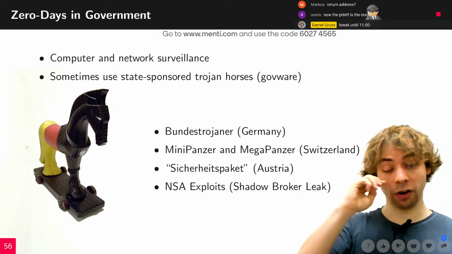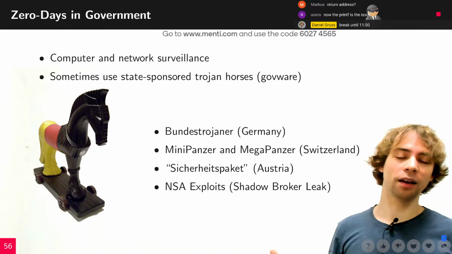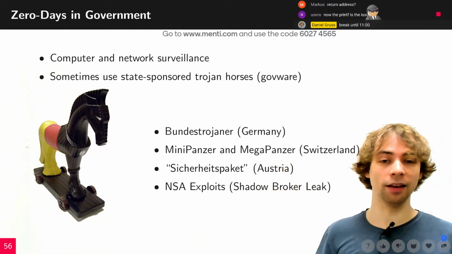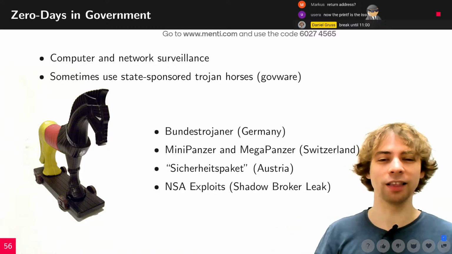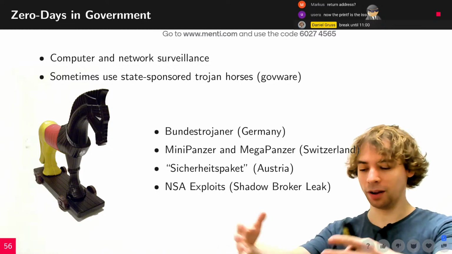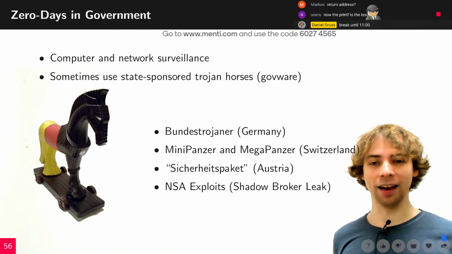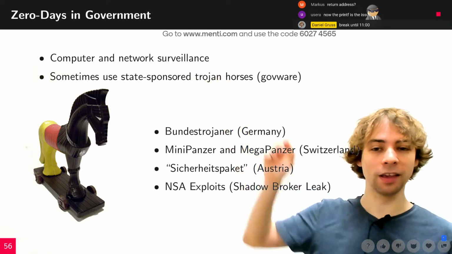Then Germany, for instance, much fewer resources, so there it's less clear how they approach that. But for Austria and Switzerland, would they realistically go and set up their own departments that search for bugs in popular software and then keep that secret to make sure that their Trojan horses keep working?